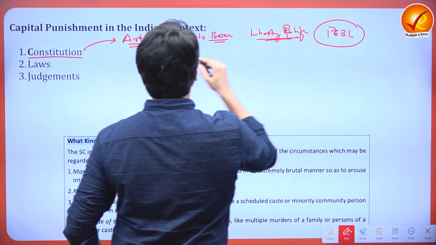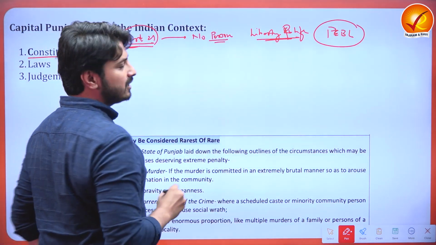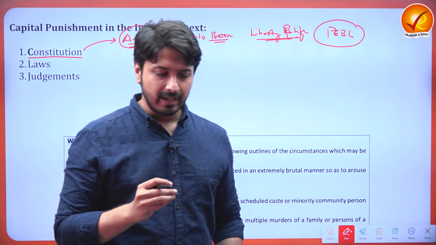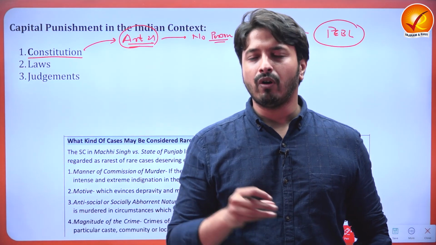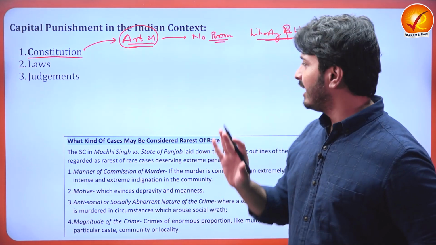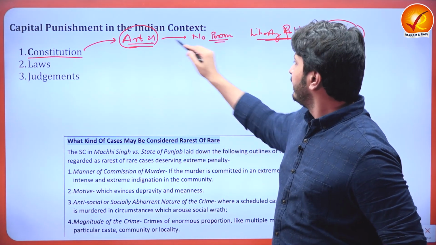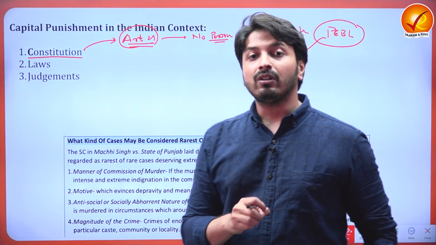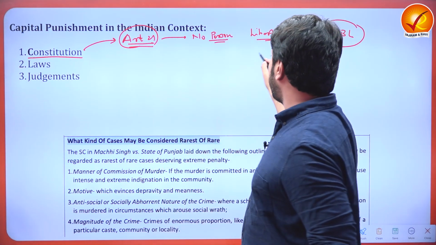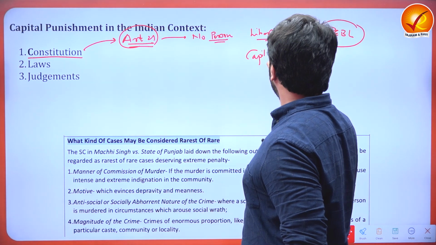What Article 21 means with respect to capital punishment is that if the procedure established by the law of our country is fair and reasonable, then the state can create such laws which provide for capital punishment. Okay.